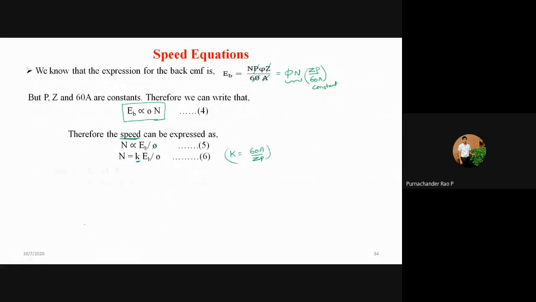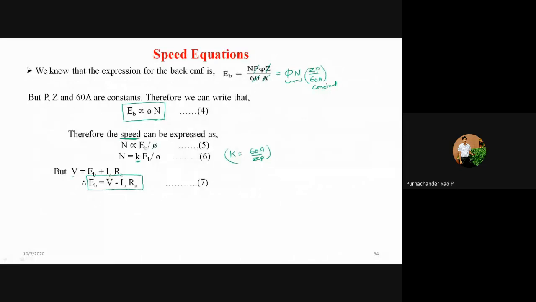Here we are neglecting the brush contact drop. So V is equal to Eb plus Ia Ra. Your terminal voltage V is equal to Eb plus Ia Ra, and therefore Eb is equal to V, the terminal or supply voltage, minus Ia Ra.